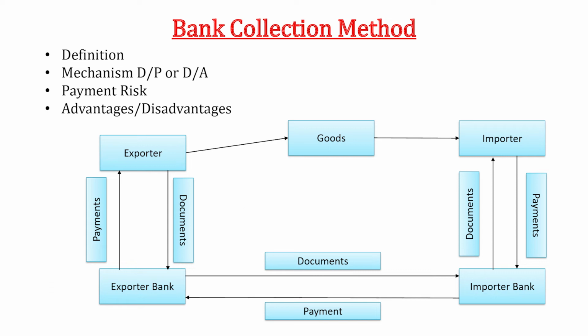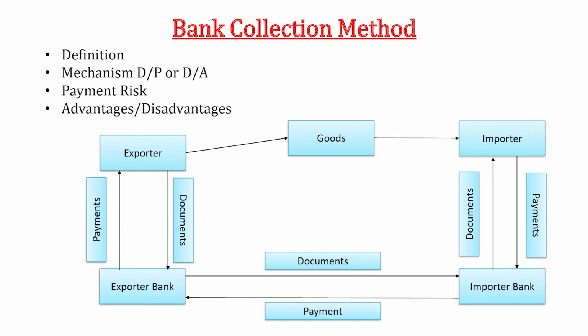If he is not making payment in case of the document against payment term, or the importer is not making payment on due date, if the term of payment is document against acceptance, then the documents will be treated as dishonored, and arrangements have to be made to protect the goods, store them properly, and to do insurance, etc., etc.